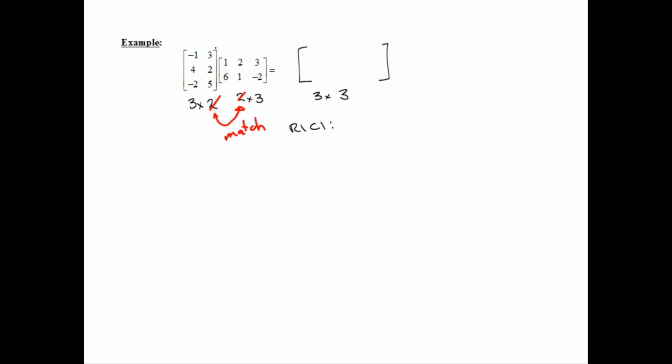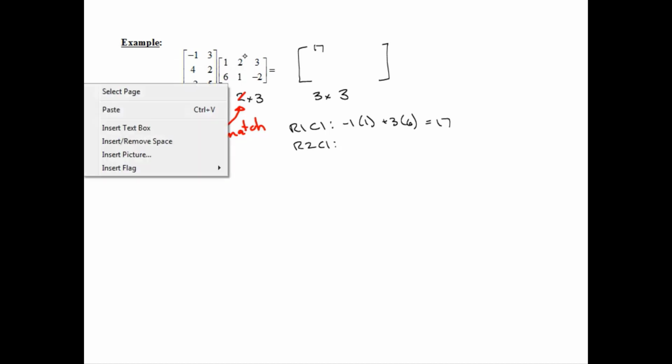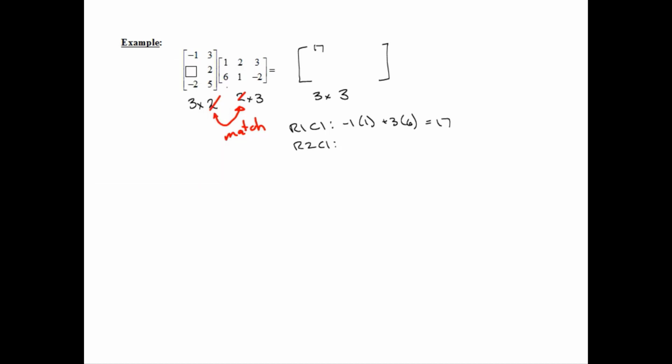Row 1, column 1. Here's row 1, column 1. So 17. Let's do it in a different order. Let's do row 2, column 1. So here's row 2, here's column 1.